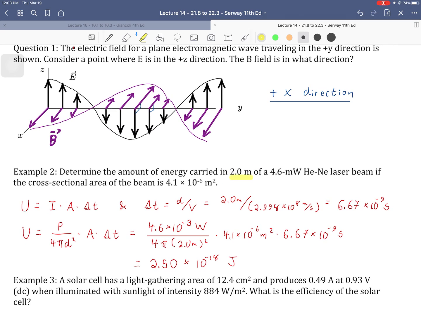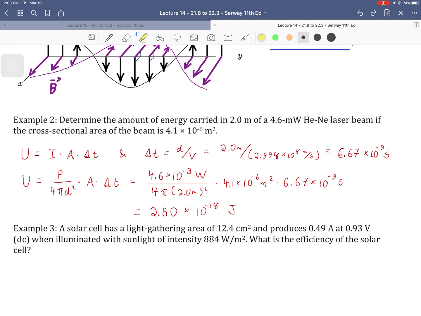So we're at a distance of 2 meters from the 4.6 milliwatt source, and the beam has that width, and then at that fixed 2 meters, if let's say it's shut off, we're allowing that entire beam to end up getting completely absorbed by something at that 2 meters. Okay. Yeah. So that being the interpretation, then that would be the correct value for our amount of energy.